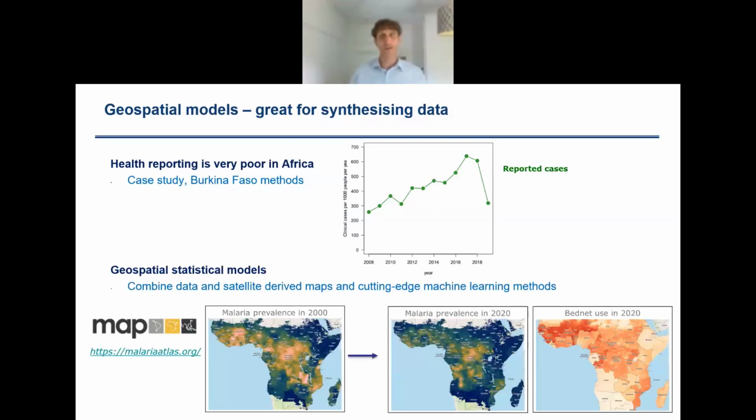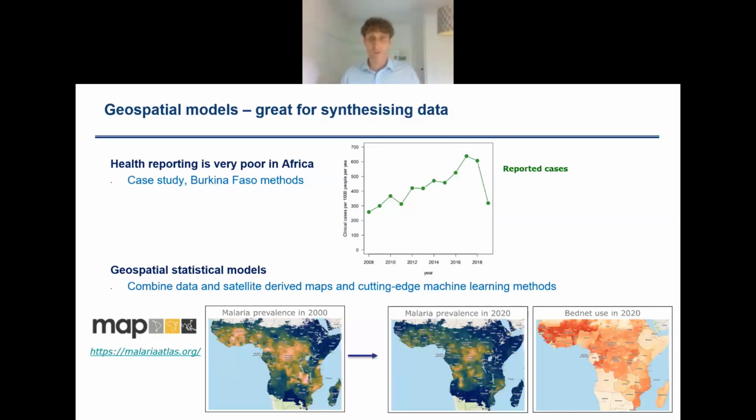And part of the reason for that is that over this time, the health system in this community has improved. And so as the health system improved, inevitably the number of reported malaria cases increased. So we can't necessarily use reported cases to understand what's going on.